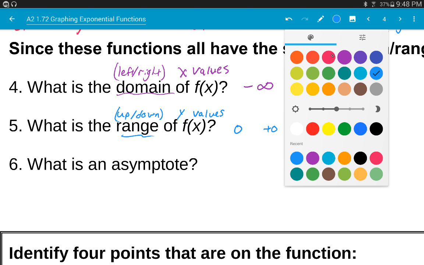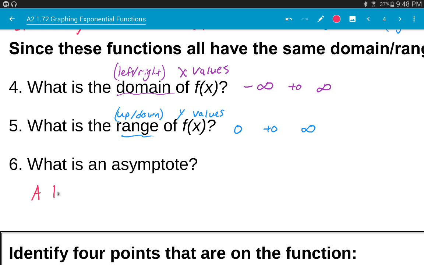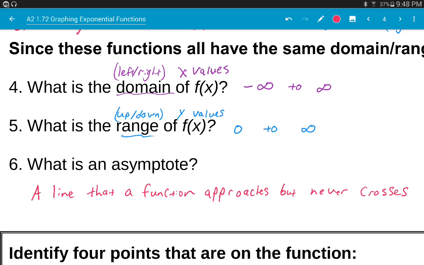Now an asymptote is a line that a function approaches but never crosses.